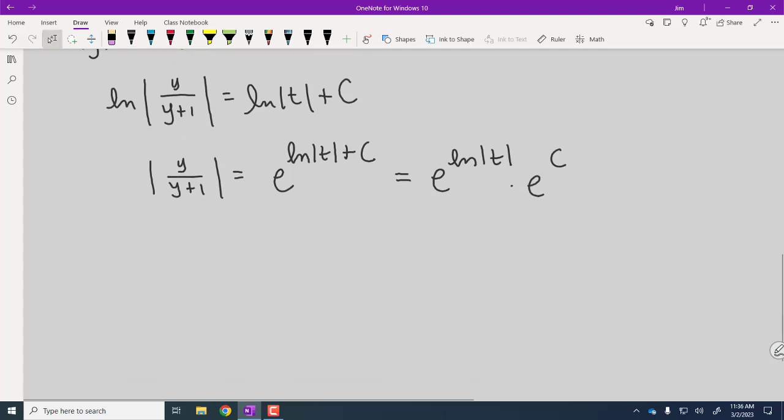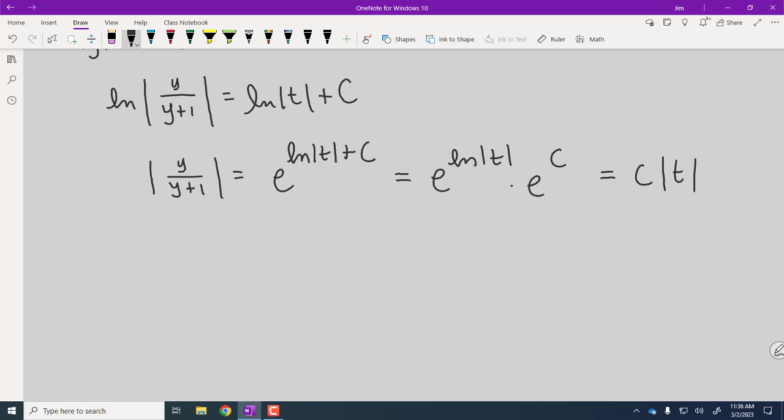E to the c. What should we call it? C. All right, so we're going to call e to the c just c. Let's just stay on this line for another moment. And what about e to the natural log absolute value of t? Absolute t. Because e and natural log cancel each other.